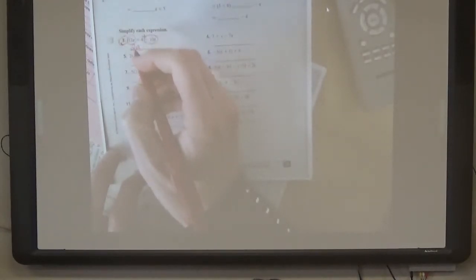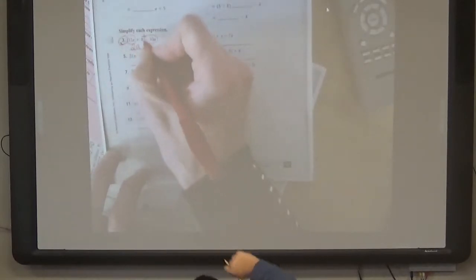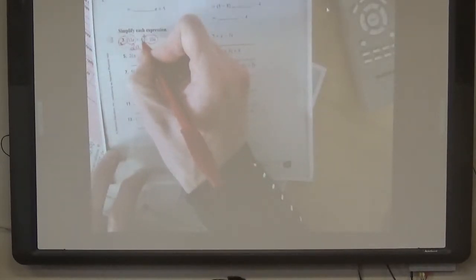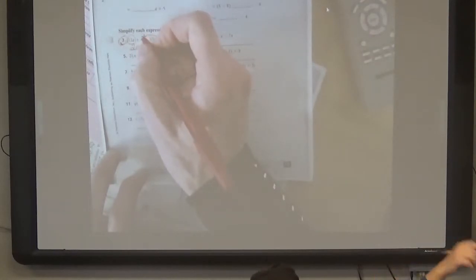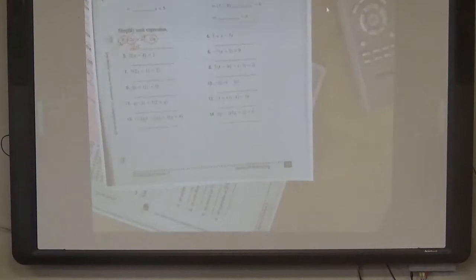Matt, why did you say sure? Can you add those? Yeah. But 4 is not 4 A's, it's just 4. So is that like the 2 A's? Are those like terms? Can you add 4 plus 2A? Nope. So you just leave it separate.